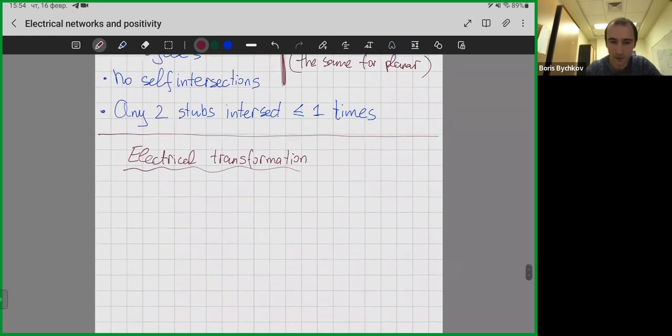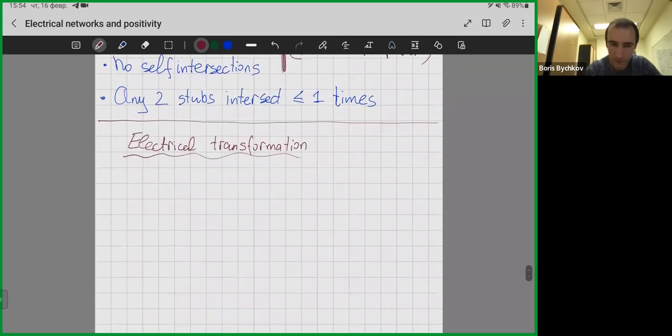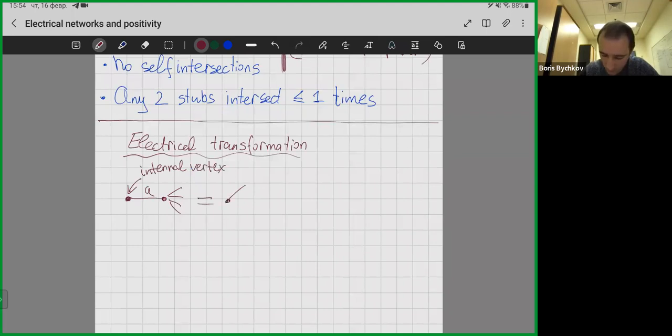So, electrical transformations. If we have such a situation, and this is not a boundary vertex, an internal vertex, then we can just remove it.